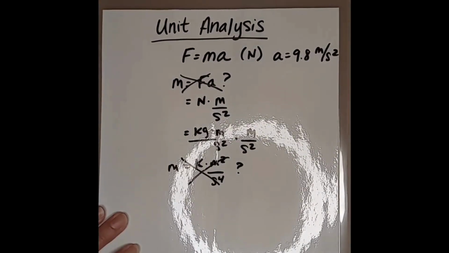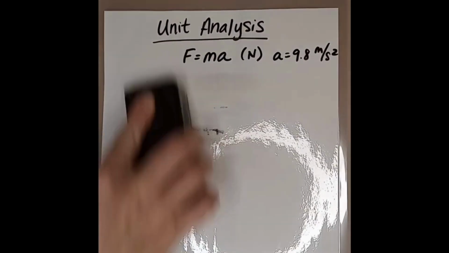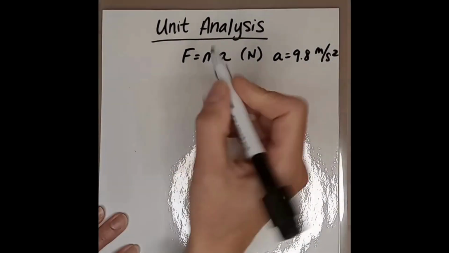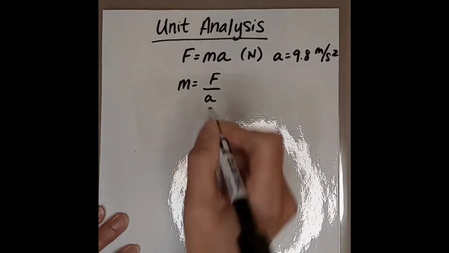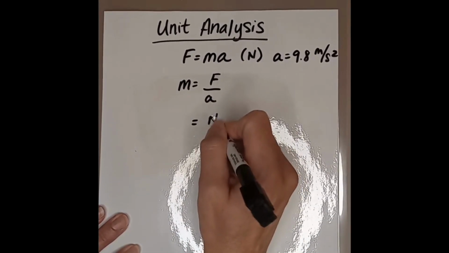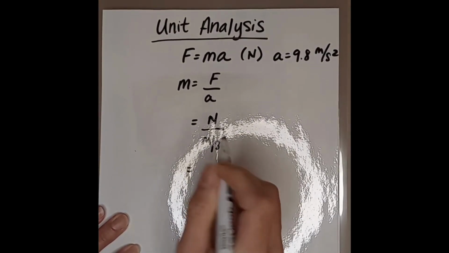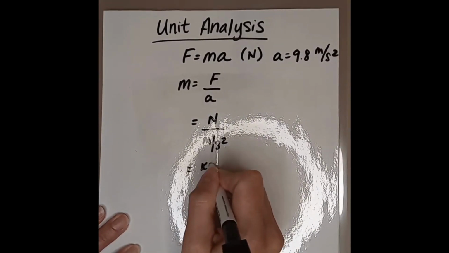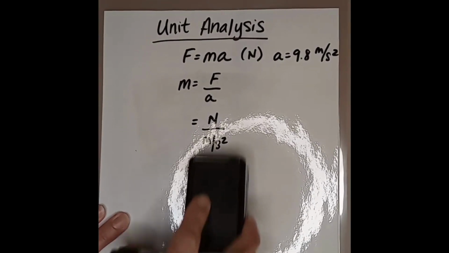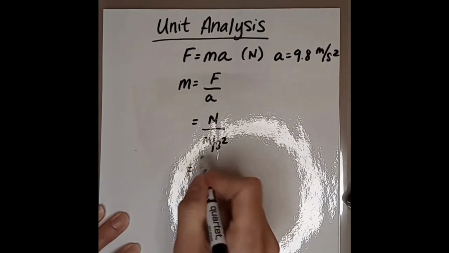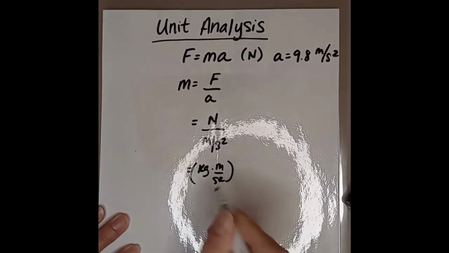So we can try again, solving for mass. Our units here would be a newton per acceleration. And again, a newton is a force, so that's kilogram times meters per second squared. That's a newton. And then we're going to divide that by our acceleration.